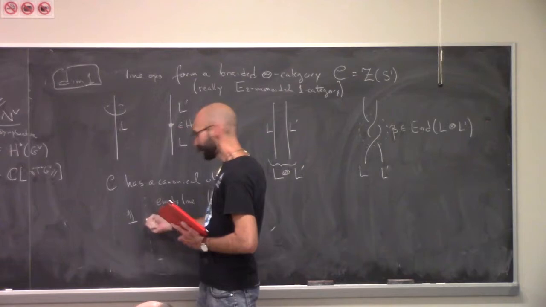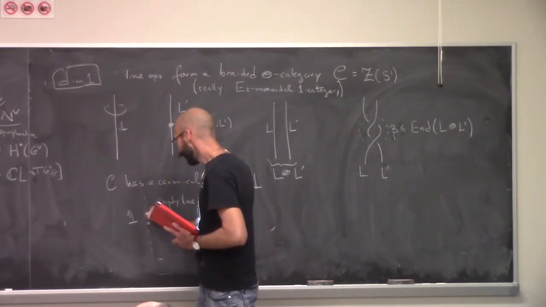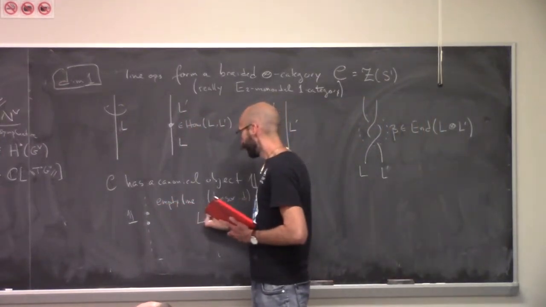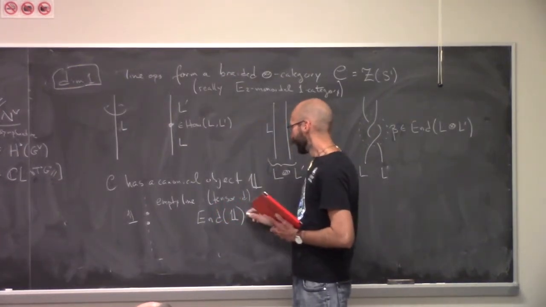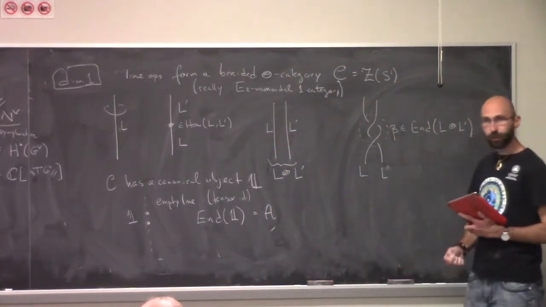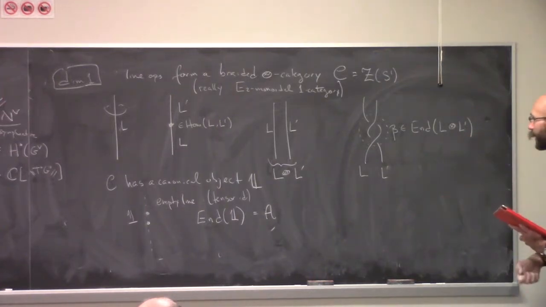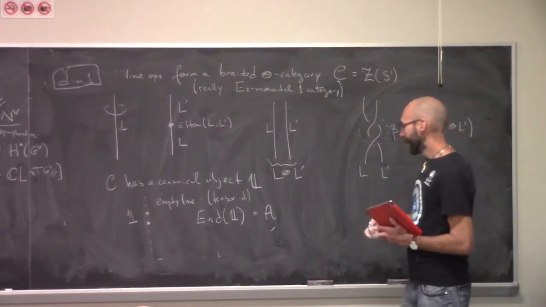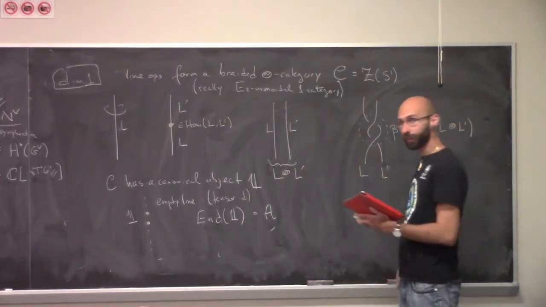A nice feature of the trivial line is that local operators on it are just local operators in the bulk. And so endomorphisms of one recovers the algebra of local operators in the bulk. And so whatever these categories are, and I'll give you mathematical proposals for them in a second, they had better recover all of the previous stuff that has been on the board.